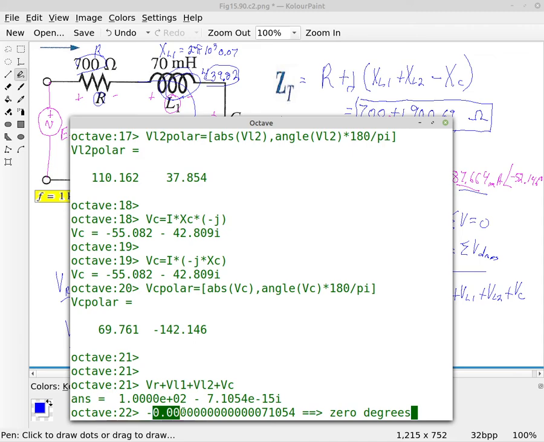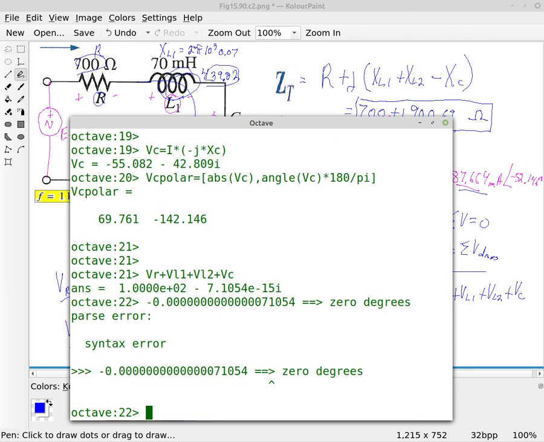All right, so that verifies Kirchhoff's voltage law, just using the calculator or the Octave software in this case to add those together. I do want to point out it doesn't matter which one you add first. You could say let's take VC plus VL1 plus VR.